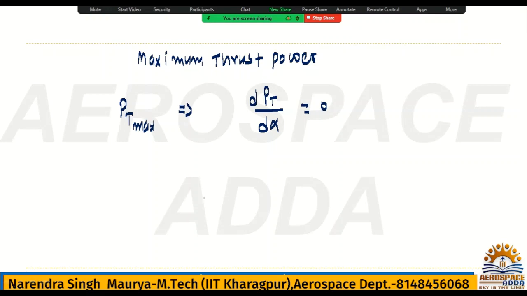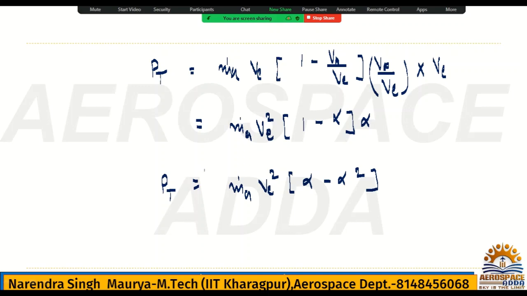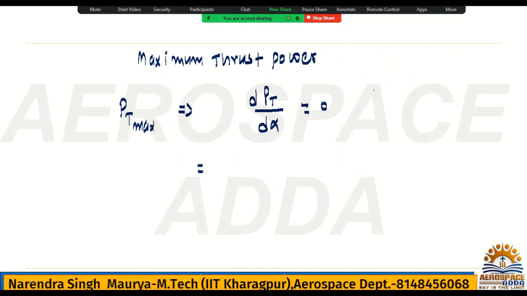In the bracket part only, m dot a into ve square is constant. So d by d alpha of alpha minus alpha square equals 0. So you have 1 minus 2 alpha equals 0. What is alpha? It is 1 by 2.